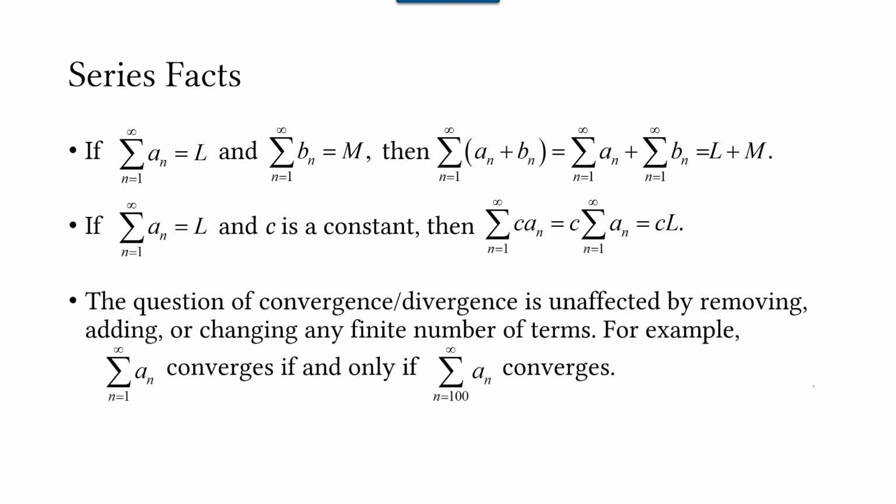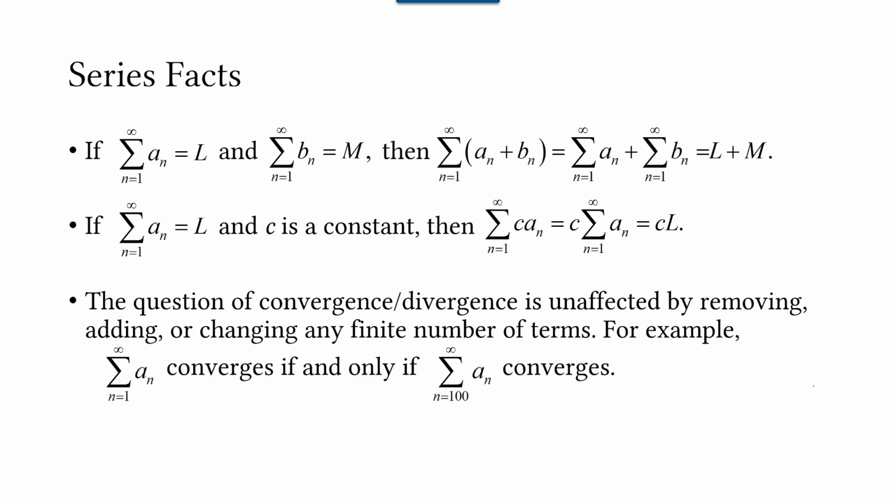And finally, whether or not a series converges is unaffected by changing, adding, or removing any finite number of terms. So as an example, if we know a series a sub n converges, then if we discarded the first 99 terms, the series would still converge.